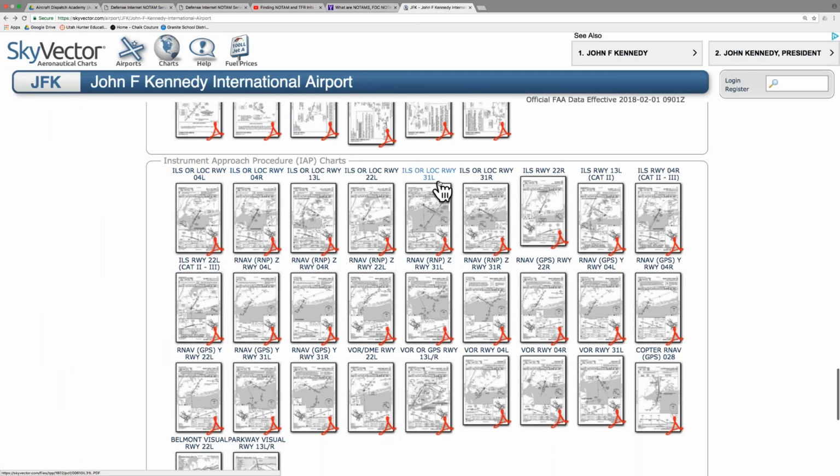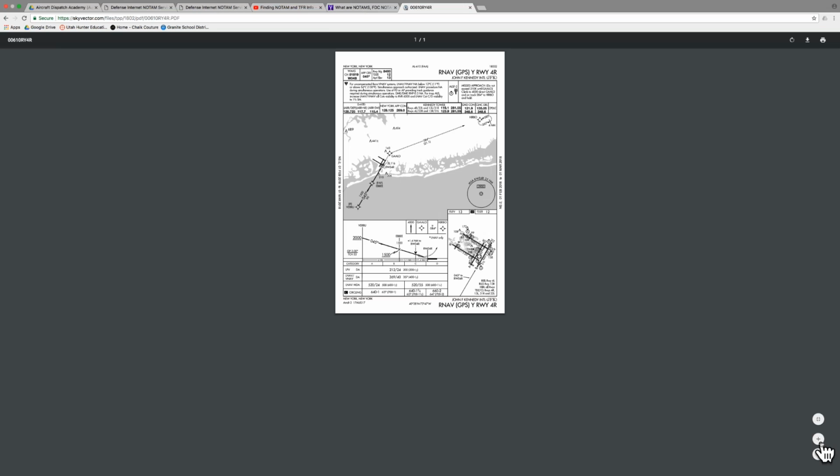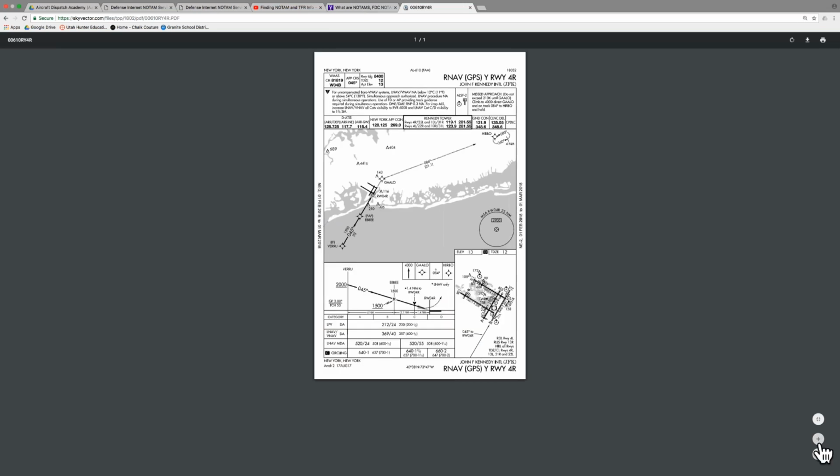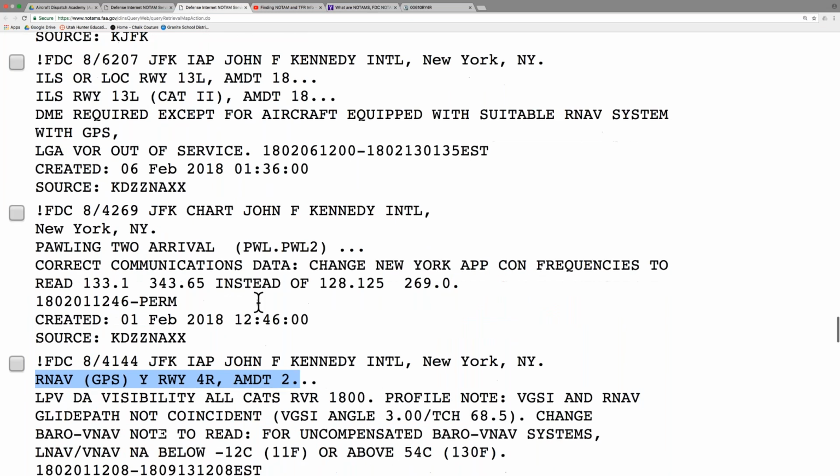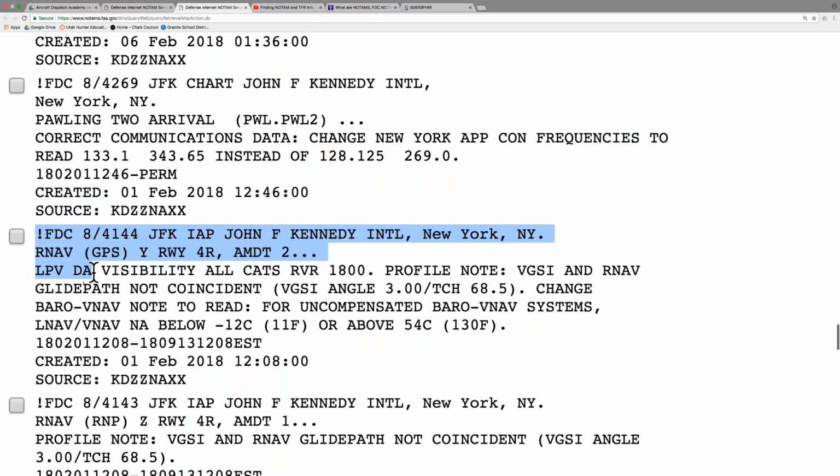Runway 4 right, let's find the RNAV right here. It's talking about this chart right here. And if we zoom in on it, so the LPV decision altitude of visibility, all cats are RVR 1800.